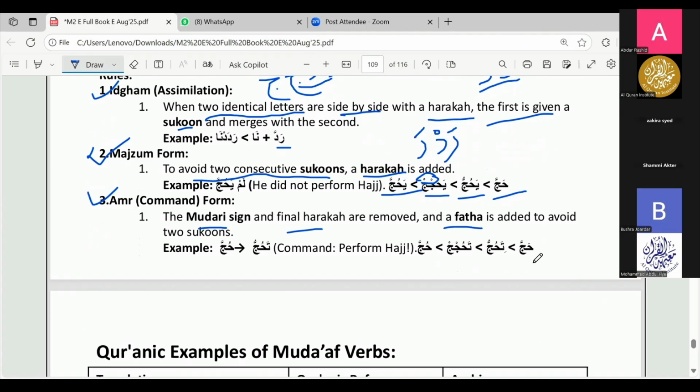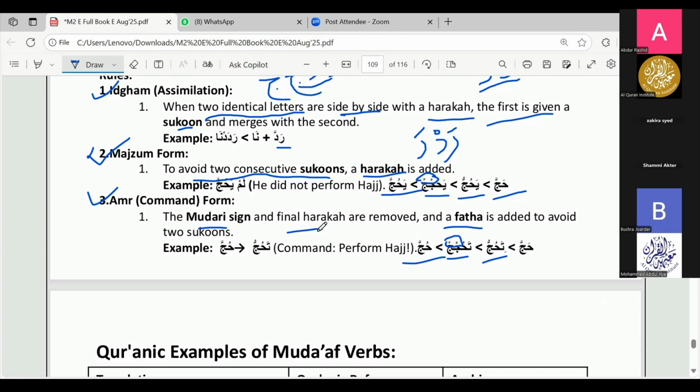Here hajja in second person is tahujju, and then tahuj. Here two sukuns are side by side, and by this rule the two sukuns cannot go side by side, so you have to add fatha. Then it becomes hujja. This is the final form of the amr formation.